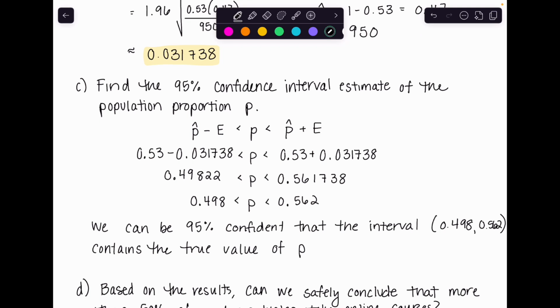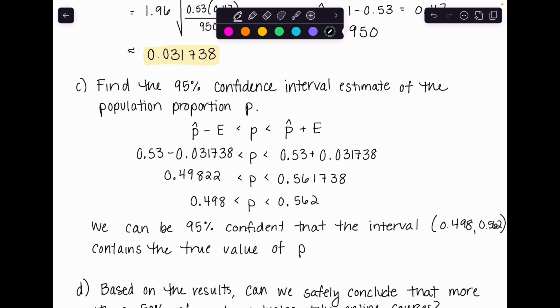So essentially, the way you can also interpret this, or to go a little bit deeper, is that if we were to do a ton of different random samples with 950 people responding to them, and we construct those corresponding confidence intervals, 95% of them would actually contain the population proportion P, okay? So often that 95% is just referring to the success rate of the process. Still not 100% accurate, but we can be 95% accurate with that.